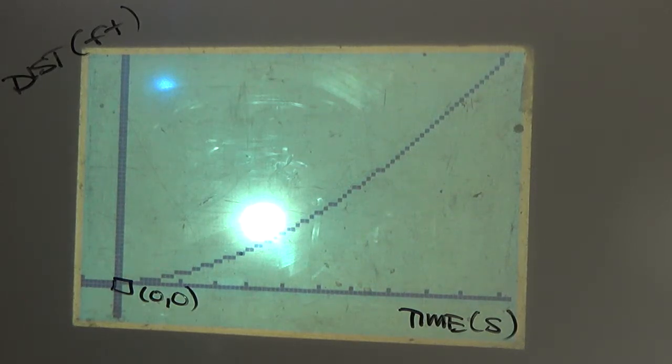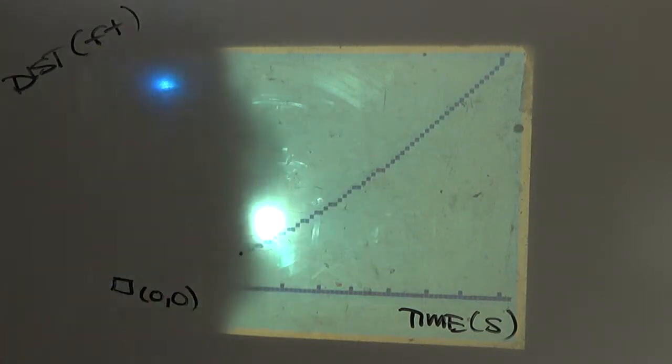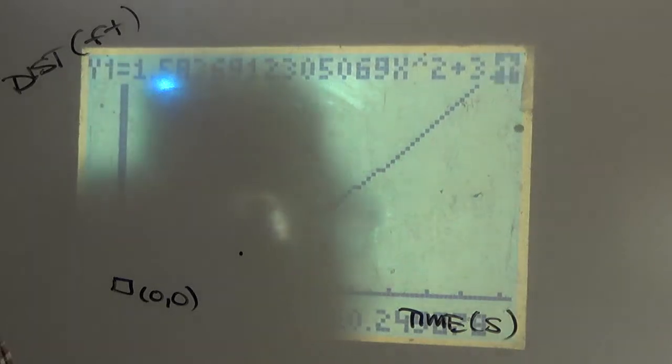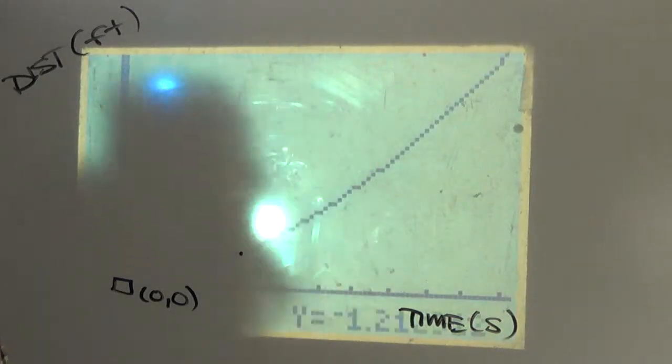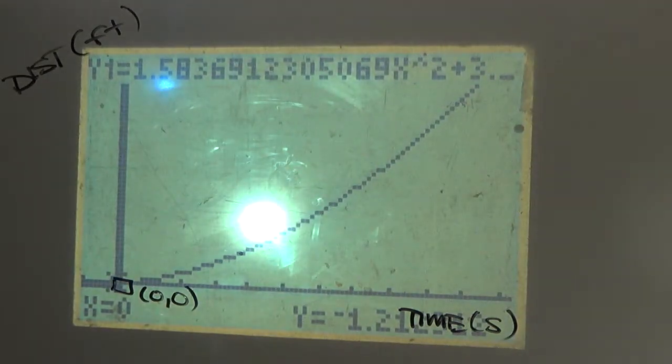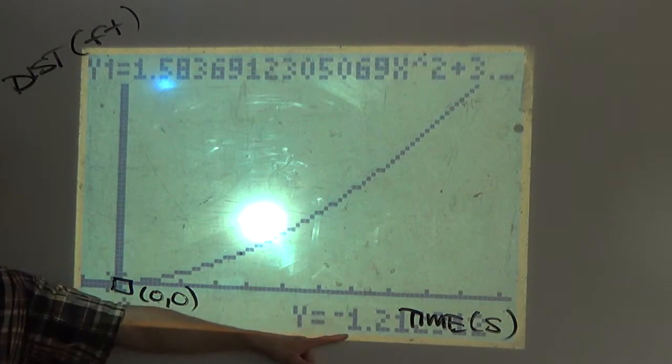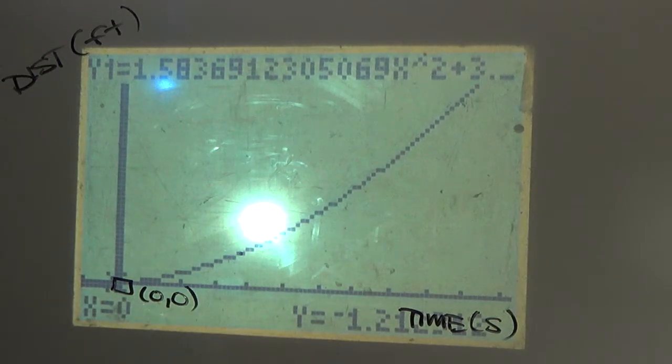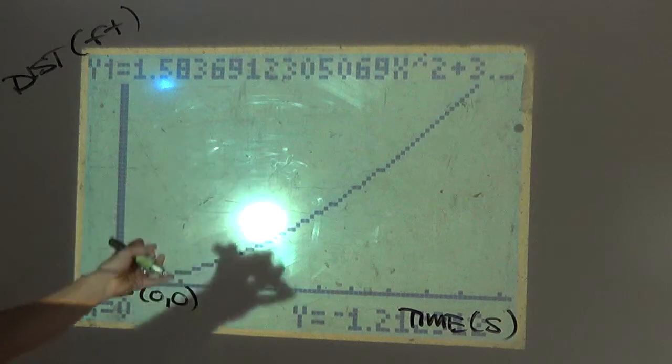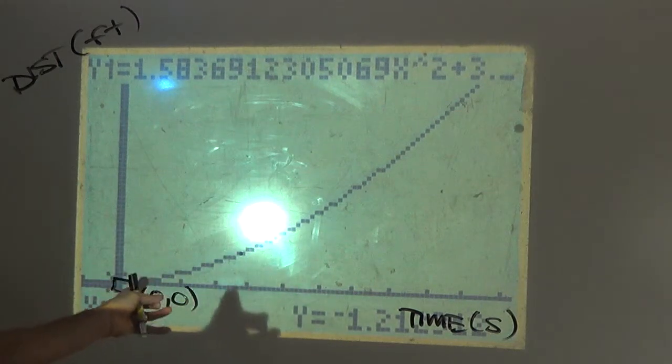It's 0, negative 1.2. If you remember that from last time, if you press the second trace menu value at 0, it's not really 0, 0, it's 0, negative 1.2. Let's just call it 0, 0. We'll force it to be correct as far as the situation goes. Don't worry about that. So we're going to treat the beginning of my trip at 0, 0. And I don't care about that anyway, because we don't need to use that very much.